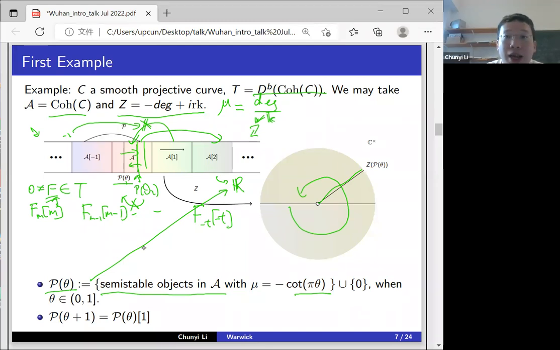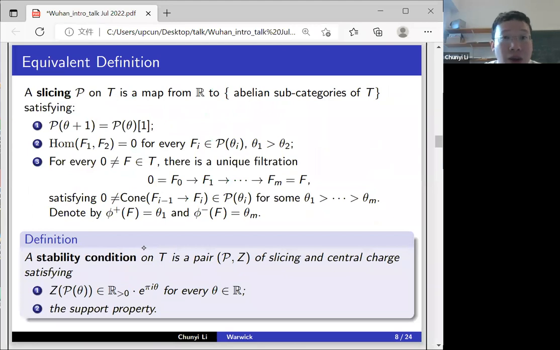And this is the slicing. Given this concept, we can combine the property of the HN filtration and the Hart structure property together to give an equivalent definition of stability condition, which is actually the more original definition, which is right here.